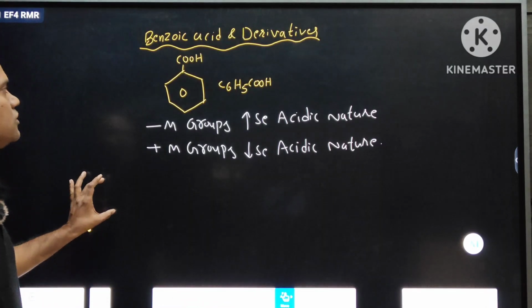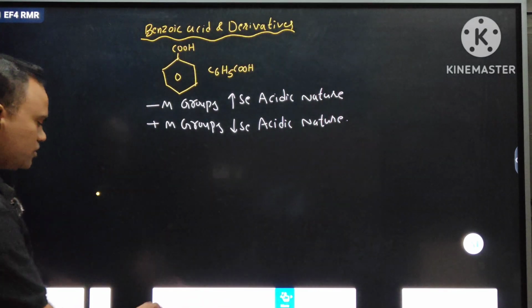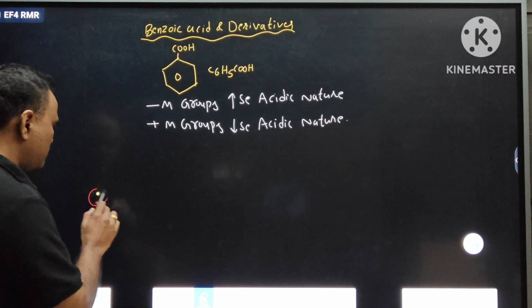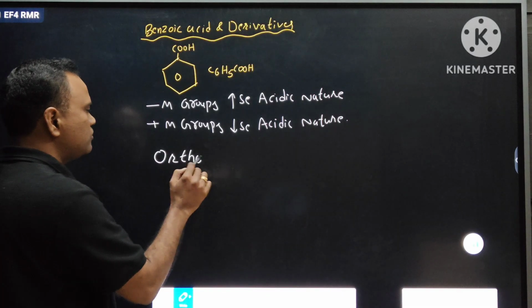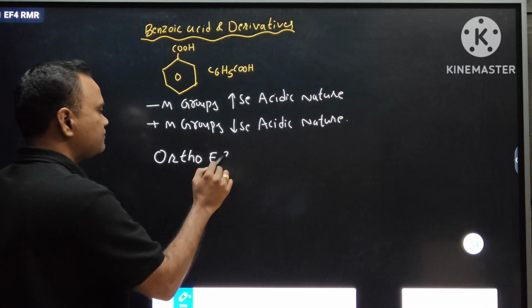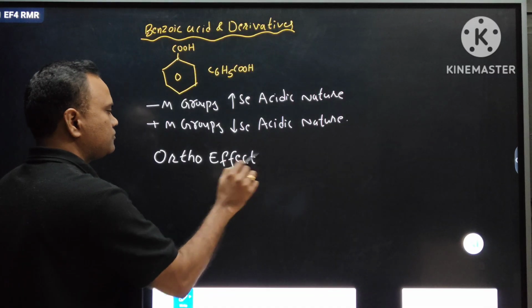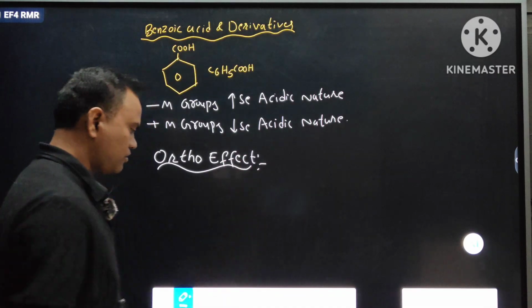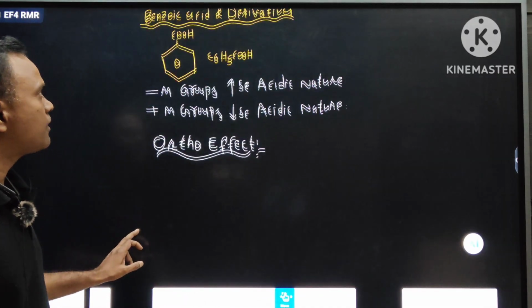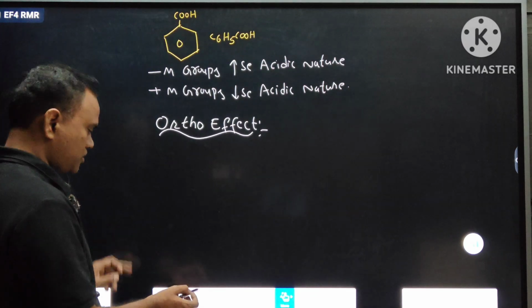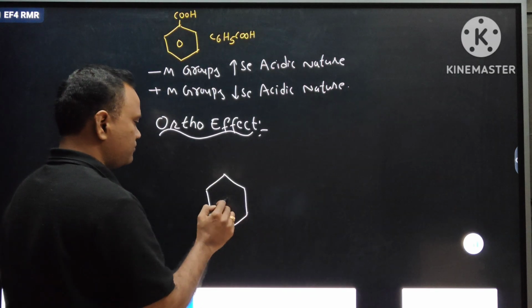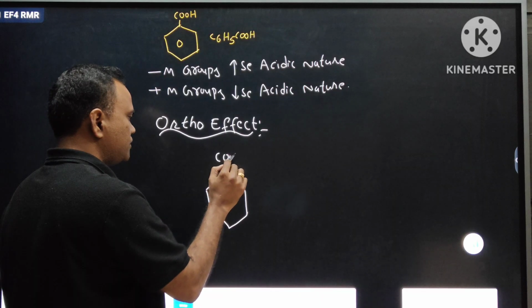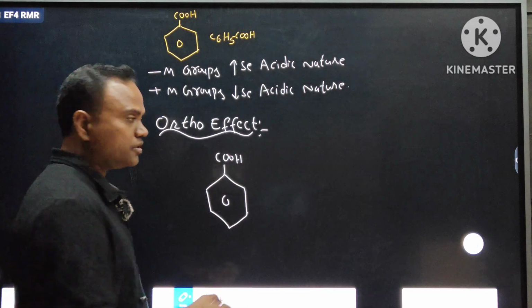Before starting the examples, I'll give you one phenomenon, that is the ortho effect. Look at this. This is benzoic acid, simple benzoic acid.